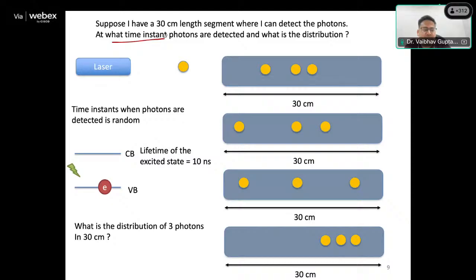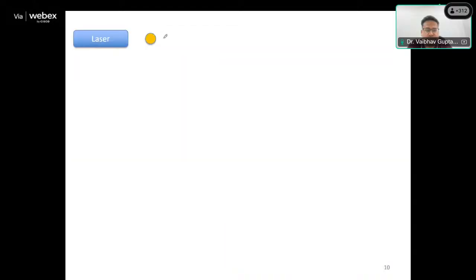That arrival time we don't know, but what about the exact location? If we fix a particular line segment which is 30 centimeter, can we tell what the distribution of these three photons in 30 centimeter might be?